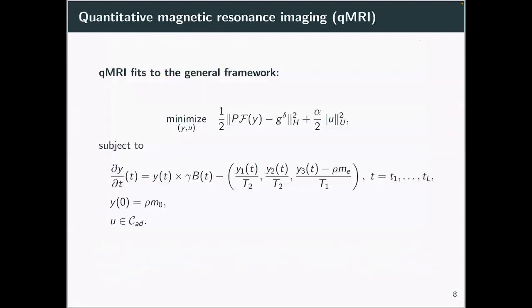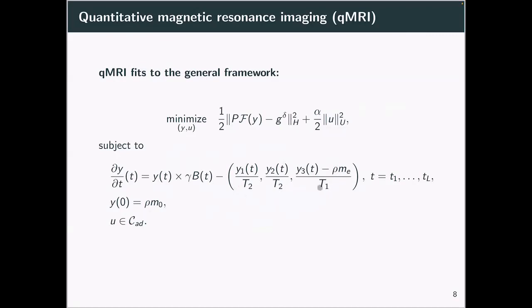In the second example, we consider quantitative magnetic resonance imaging. Here the model is called the Bloch equation. So this is the U'Y equals 0. The interesting quantity is this rho, which is the proton density, and T1 and T2 are relaxation times.